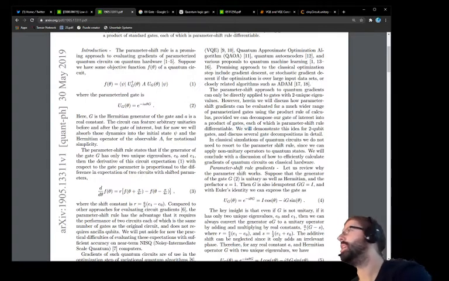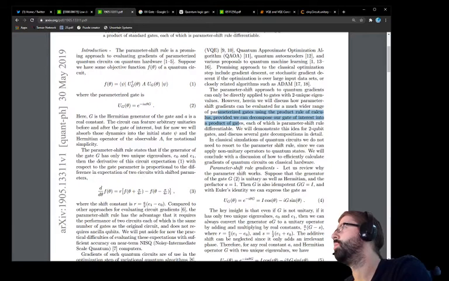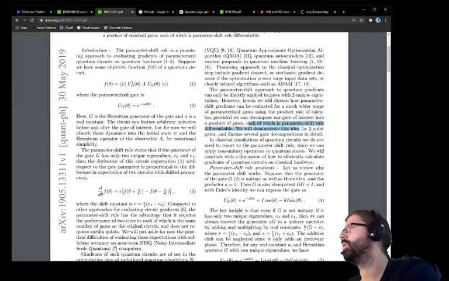Exactly, but that's the key, right? It's parameter shift differentiable. For 2-qubit gates, we discuss simple gate decomposition in detail.